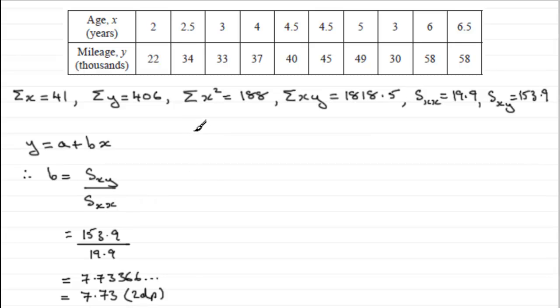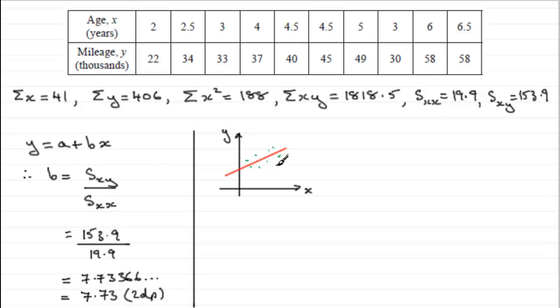Now when it comes to working out the value of a, what we should know is that if you've got any regression line, say y on x, and you've got your points scattered about this line, there's one point in particular that always lies on this line, whether it be in this table or not.